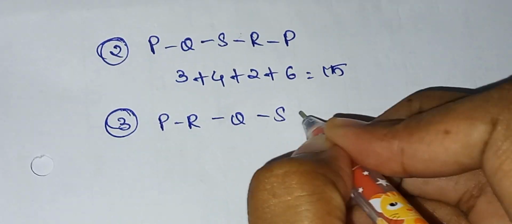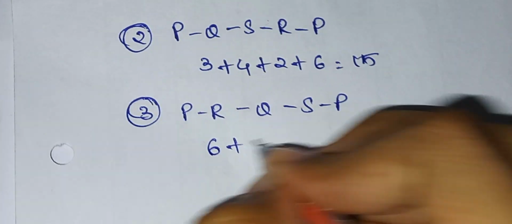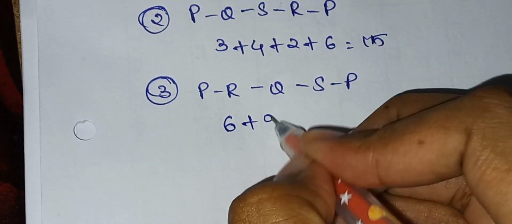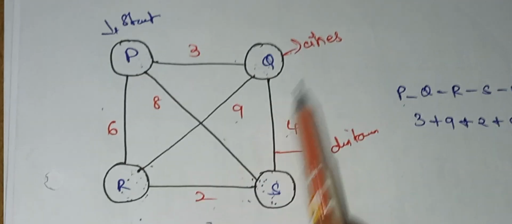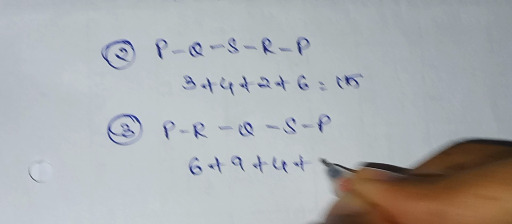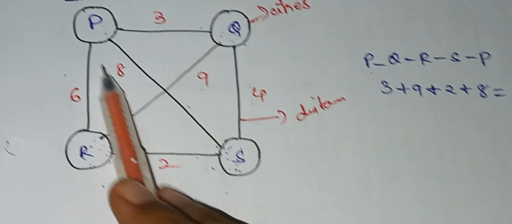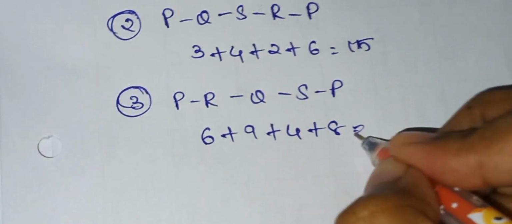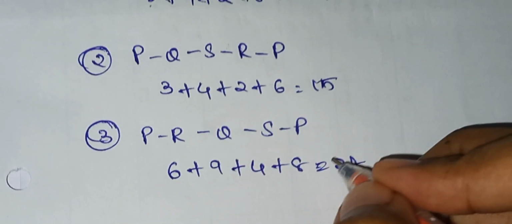Let us see. P to R is 6, plus R to Q is 9, plus Q to S is 4, plus S to P is 8, which is equal to 27. So this is the third permutation.